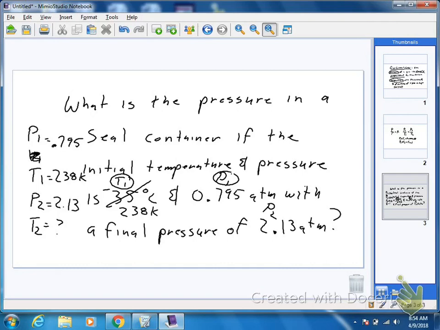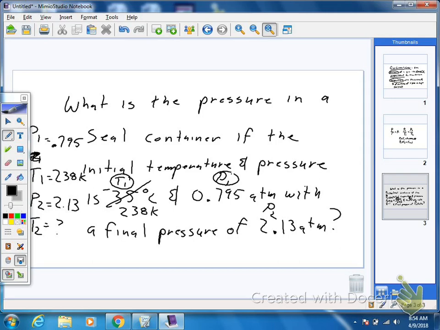Okay? So I'm just going ahead and erase this top portion since everything's on this page and I didn't leave myself enough room to do it. And I'm going to do my setup. So P1 over T1 equals P2 over T2.